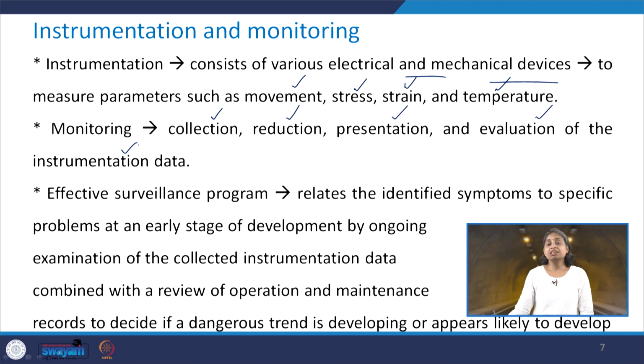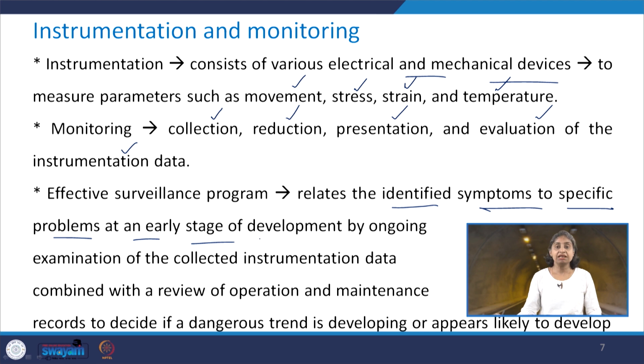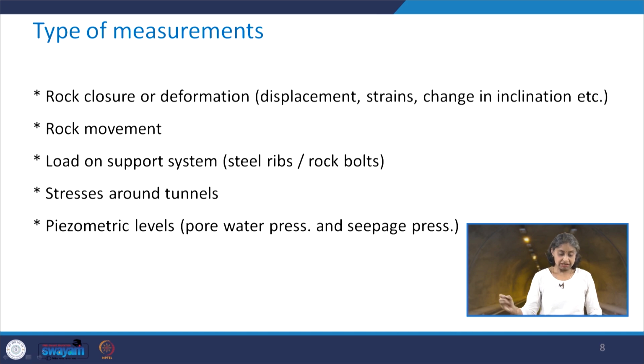An effective surveillance program relates identified symptoms to specific problems at an early stage of development by ongoing examination of the collected instrumentation data, combined with a review of operation and maintenance records, to decide if a dangerous trend is developing or is likely to develop in the near future. So basically, proper instrumentation and monitoring act as a warning signal to us if anything untoward is likely to happen in future or during the monitoring.